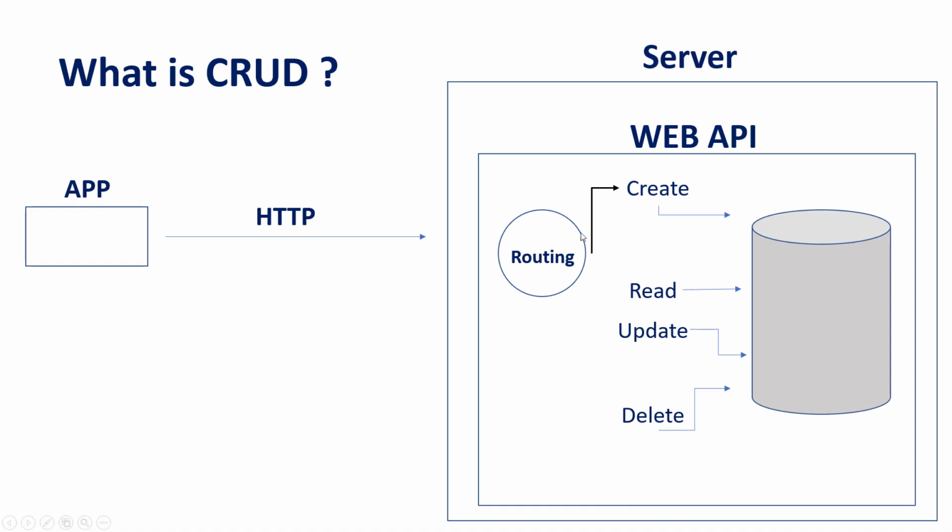If you pay attention to this presentation again, when we call one of these functions by an HTTP call, the routing would indicate which of these methods should be called. And if you look at Visual Studio and what we prepared so far, let's have a look.